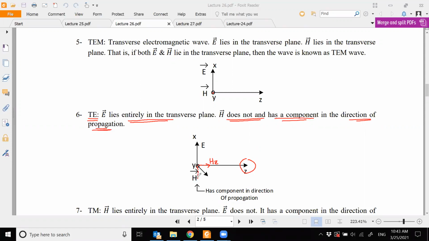Let me draw it and show it to you. I think that would be better in a 3D plane. So if this is the plane, then this is my direction of propagation Z. My electric field is here.